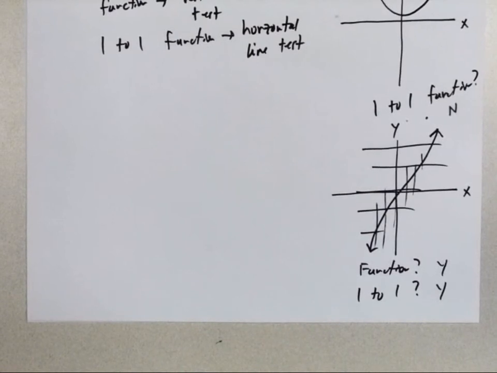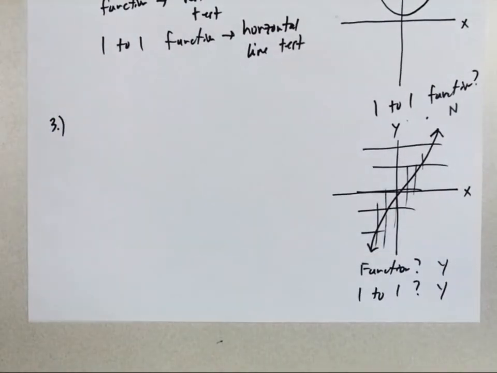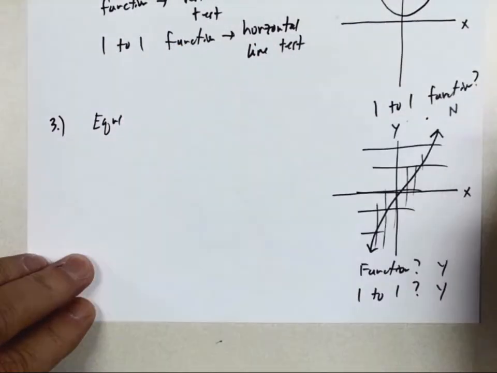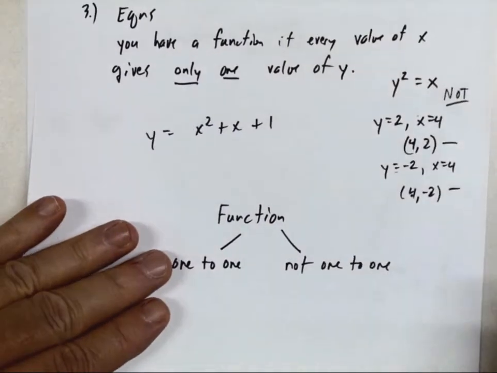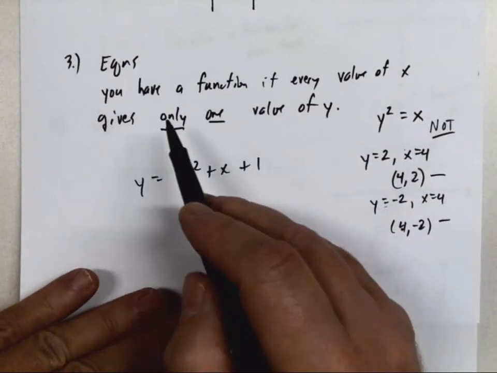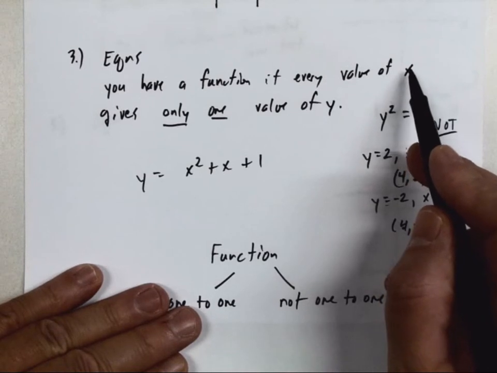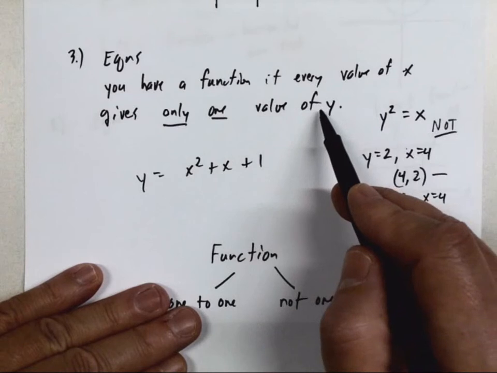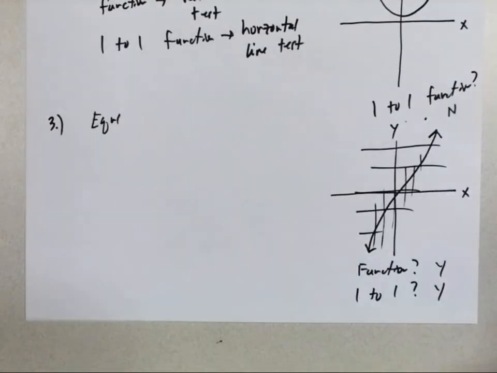Now the last thing to check is equations. Remember, I have it written down here. You have an equation, and you have this idea: every value of x can only produce one y. That makes it a function. Well, now you flip it around.